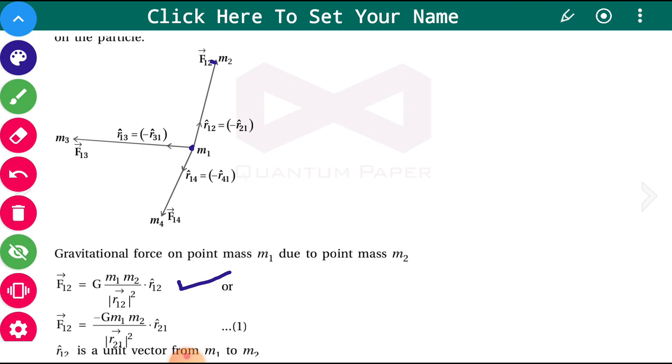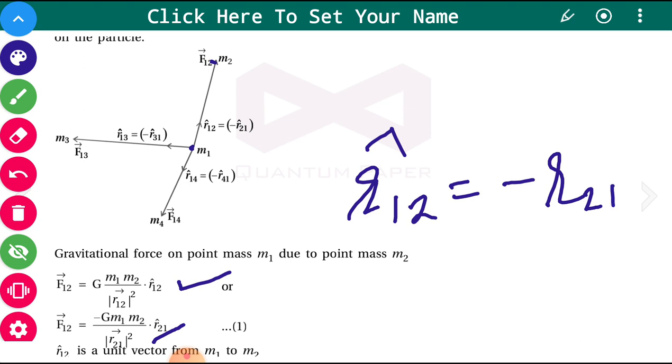Or if you write it in terms of r21 cap, it becomes minus G m1 m2 upon the magnitude of r21 squared into r21 cap, because r12 cap is equal to minus r21 cap. This is your first result.